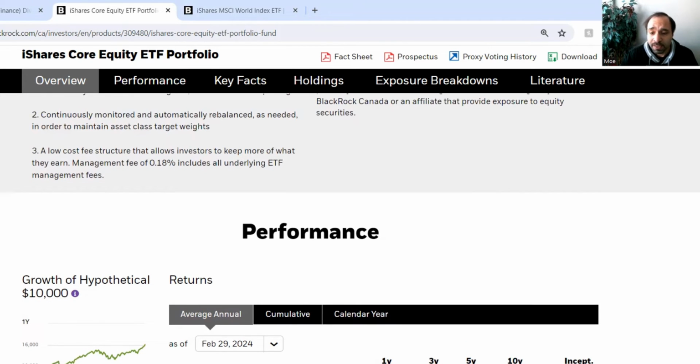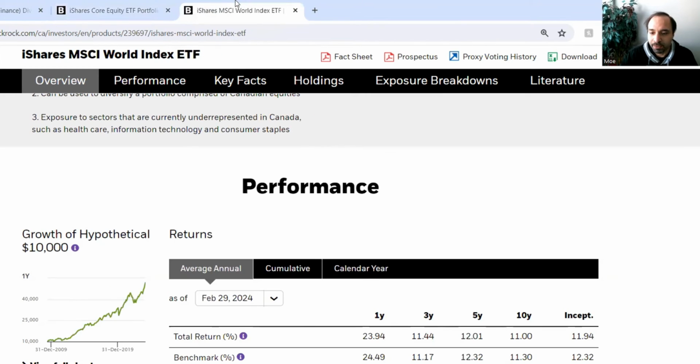XEQT has been quite decent too, don't get me wrong. At the end of a similar time period, the 1 year return for XEQT has been positive 18%. Quite decent as well. The 3 year annualized return for XEQT is roughly 8.9%, and for XWD it is 11.4%. Definitely, in this case, XWD has performed better over the 3 year annualized return.